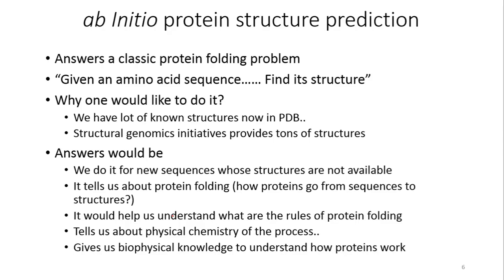You could answer such questions by saying that we would do ab initio protein structure prediction because there might be a lot of new sequences whose structures are not available. Using in silico techniques like ab initio structure prediction, you can build up the structure of such sequences. Ab initio protein structure prediction also tells us about the concept of protein folding, like how proteins go from sequences to structures.